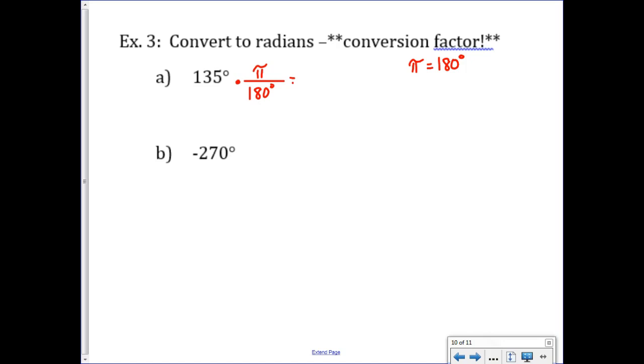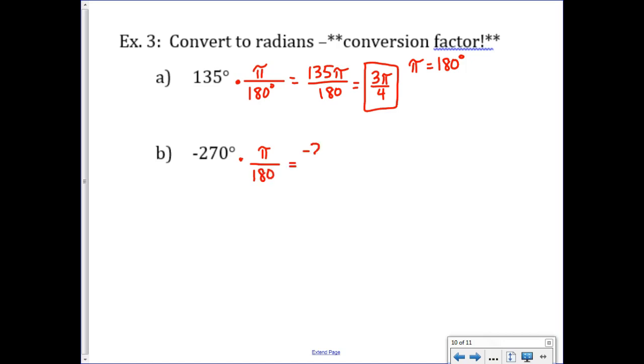So then we get 135 pi over 180, which we reduce down and we get 3 pi over 4. Negative 270 degrees times pi over 180.